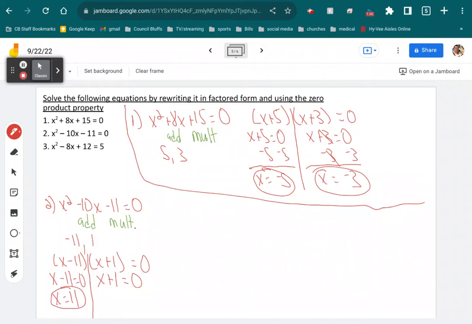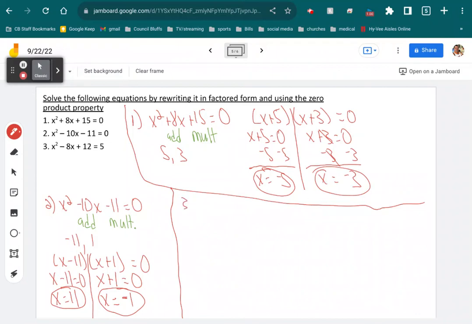And then my second solution, x plus 1 equals 0, I'm going to subtract 1 from both sides, and I end up with x equals 0 minus 1, which is negative 1. So my two solutions for number 2 are x equals 11 and x equals negative 1. So that is it for number 2.